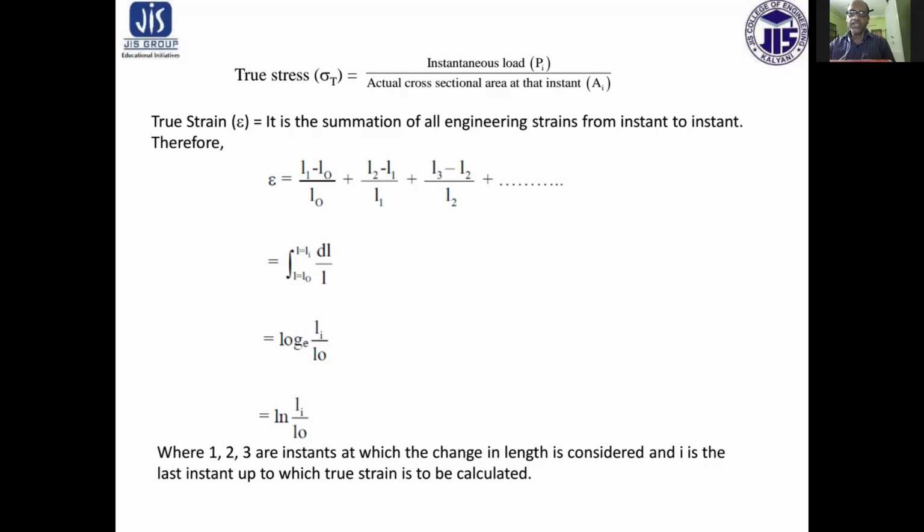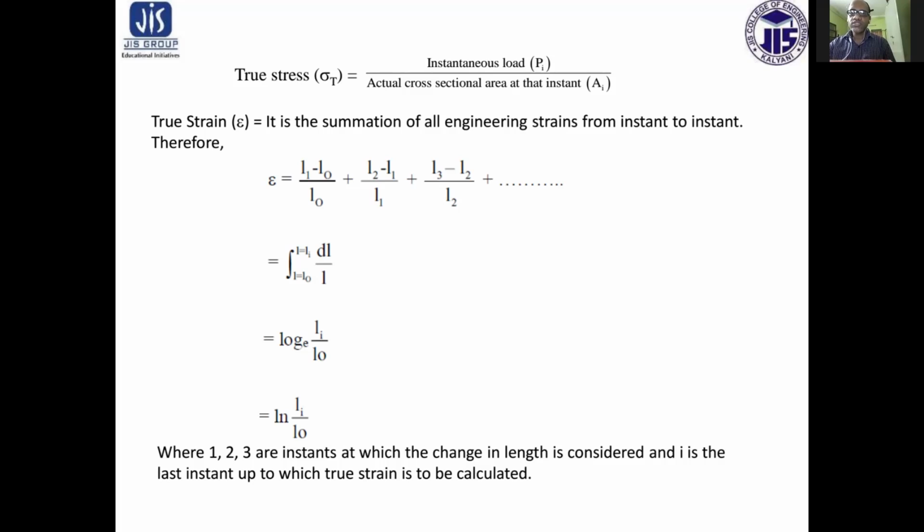True strain is the summation of all engineering strain from instant to instant, and therefore it equals L1 minus L0 by L0, where L0 is the initial length and L1 is the instantaneous length at the first point, plus L2 minus L1 by L1, plus L3 minus L2 by L2, and so on.